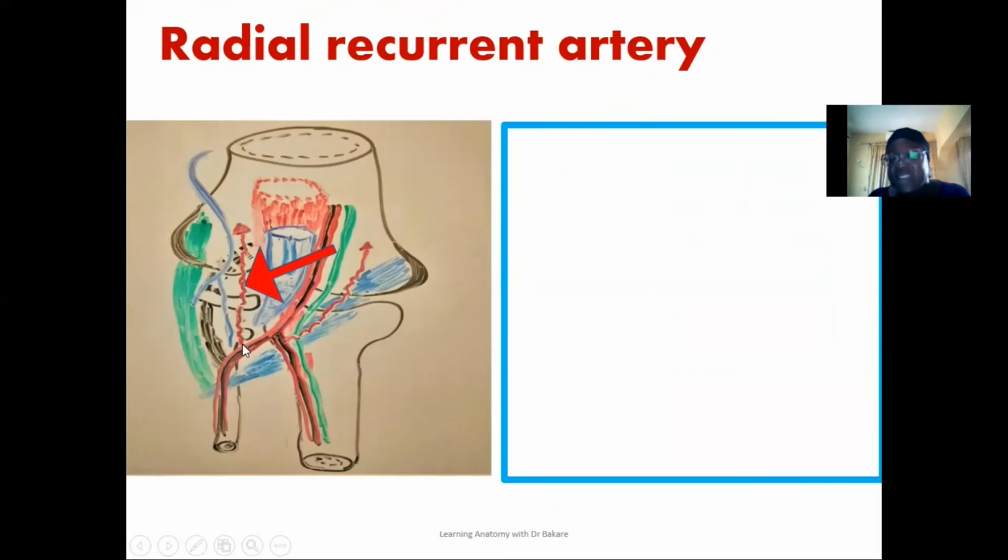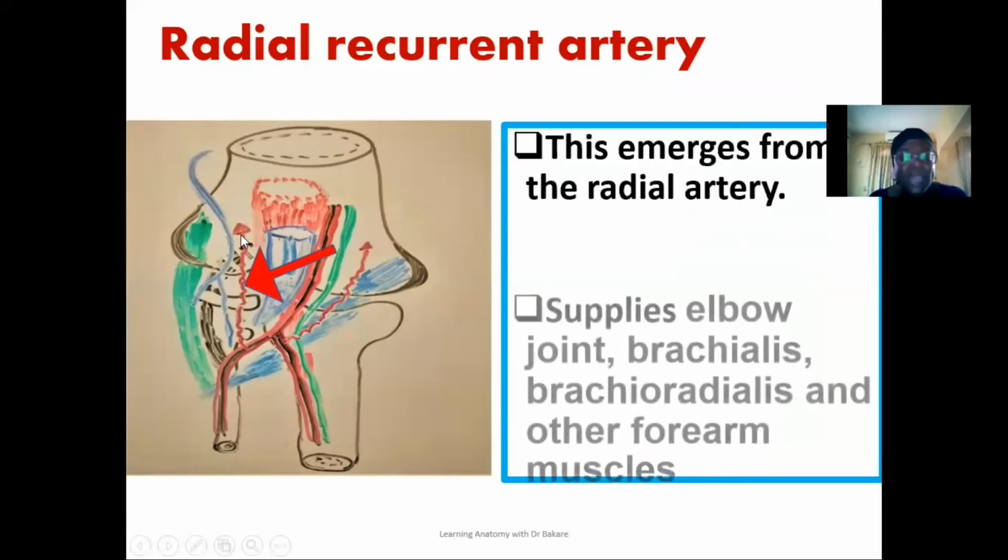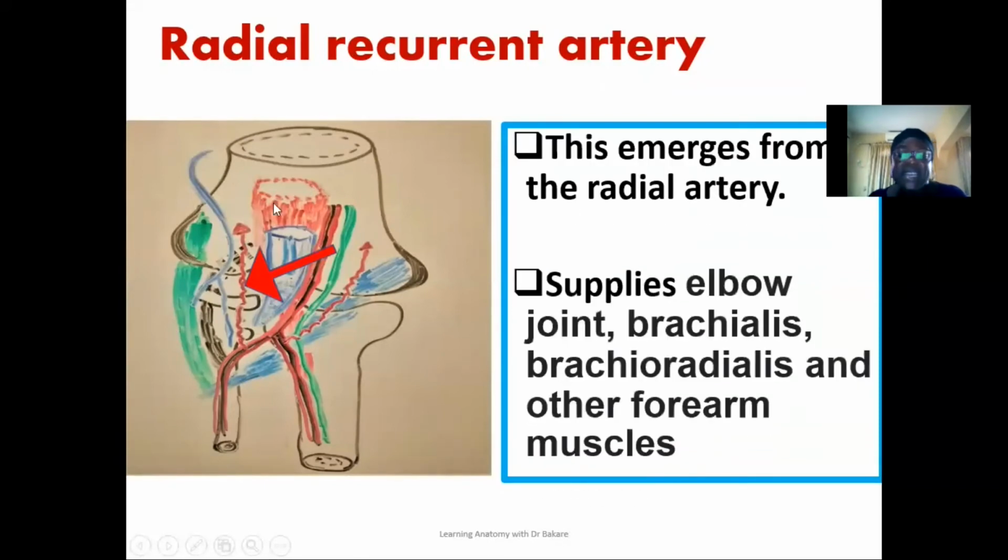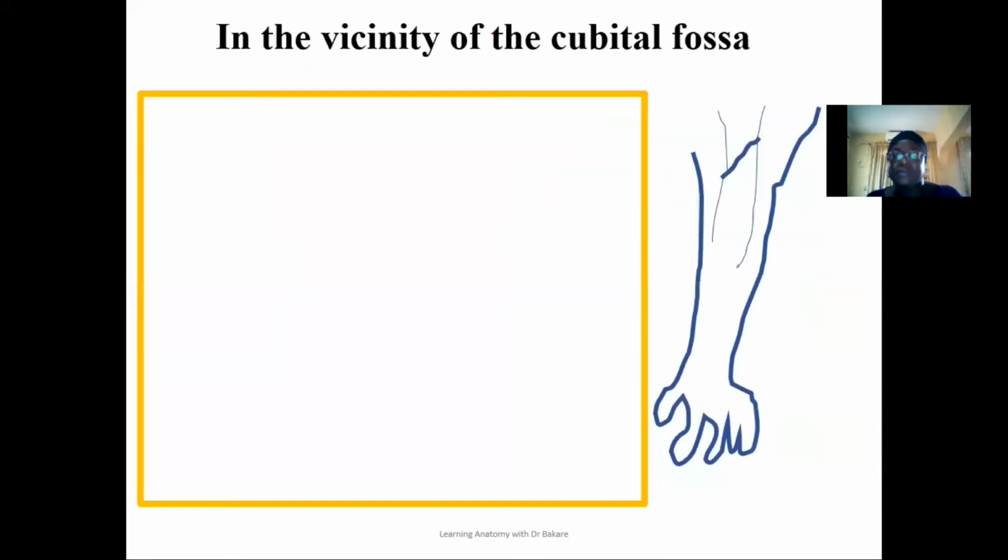So as it divides, it gives a recurrent branch that also goes upward to supply the elbow joint, the brachioradialis muscle, and also other forearm muscles. So that is how we have the emergence of the radial recurrent artery on the lateral side of the cubital fossa. It's good for us to check this out because of its clinical application.